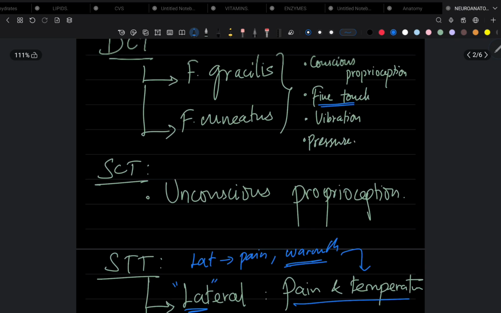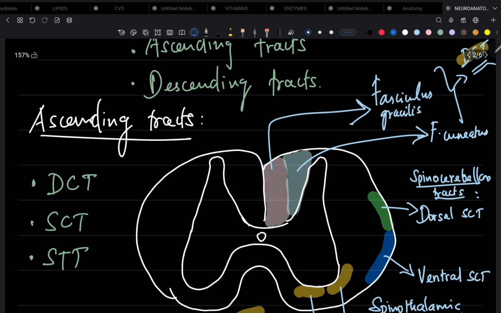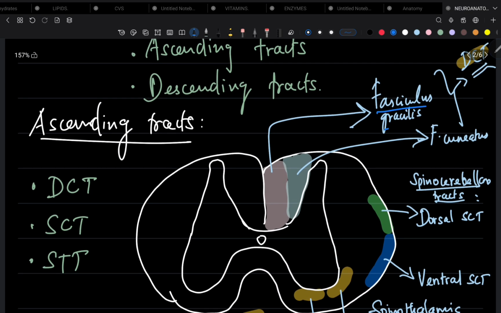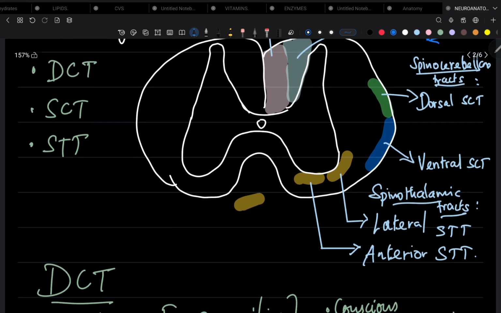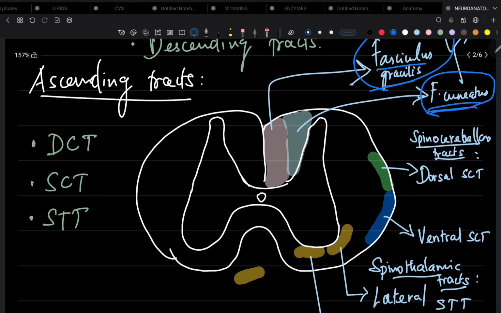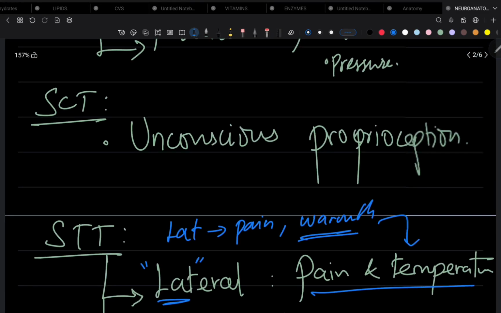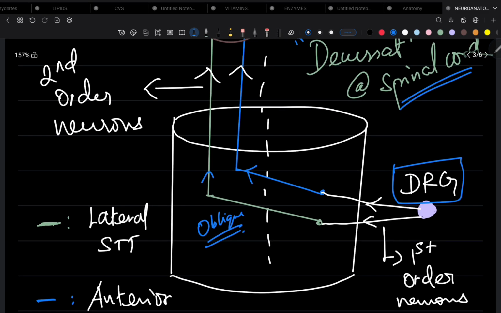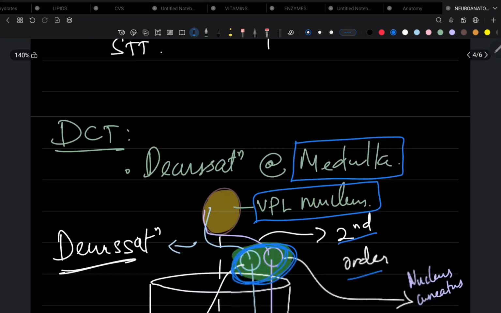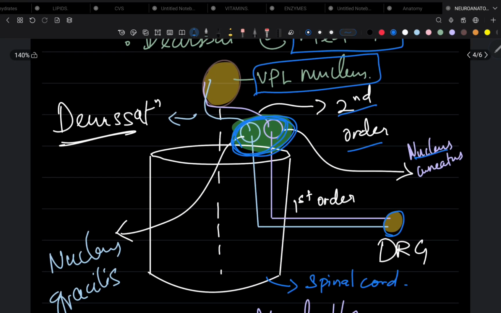In the first cross section of the spinal cord diagram, we have seen nerve bundles, right? The medial part and lateral part of the DCT. The medial part is called fasciculus gracilis and the lateral part of the DCT is called fasciculus cuneatus. The nerve fibers from fasciculus gracilis relay on nucleus gracilis. In the same way, the nerve fibers from the fasciculus cuneatus relay on nucleus cuneatus.